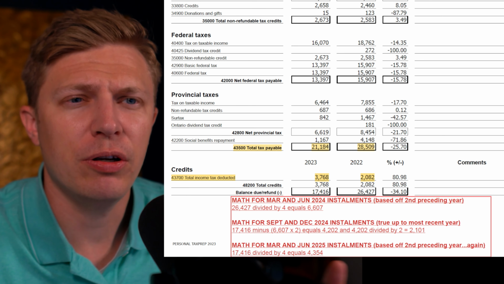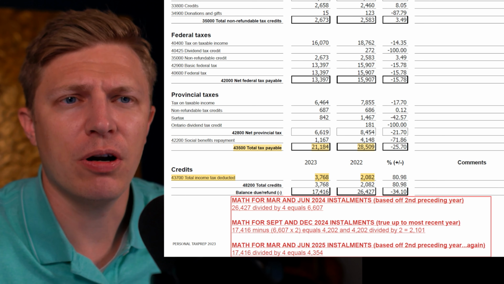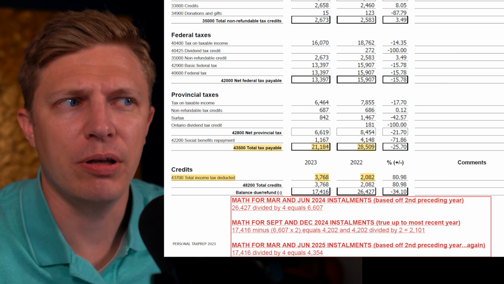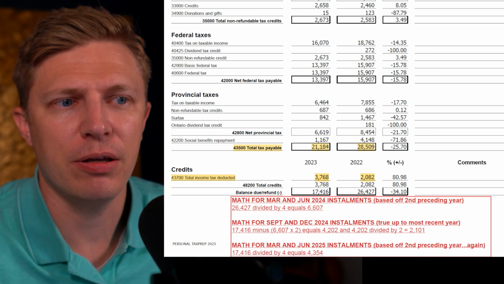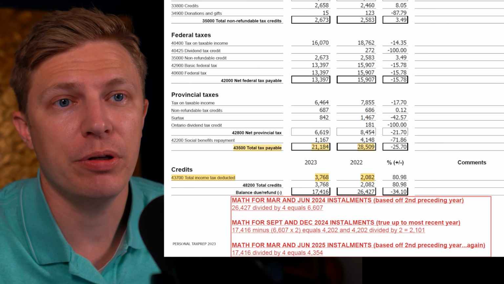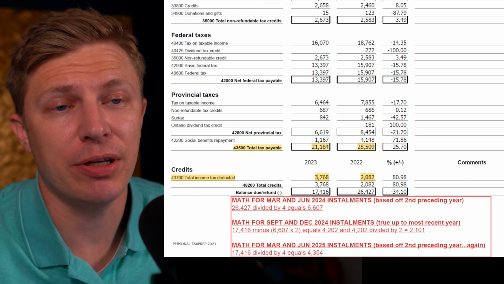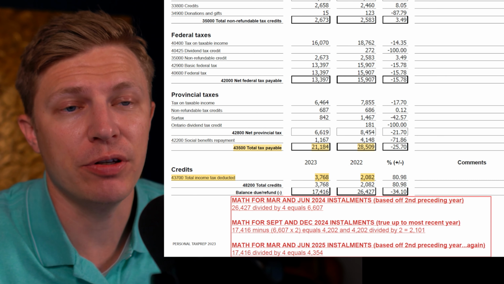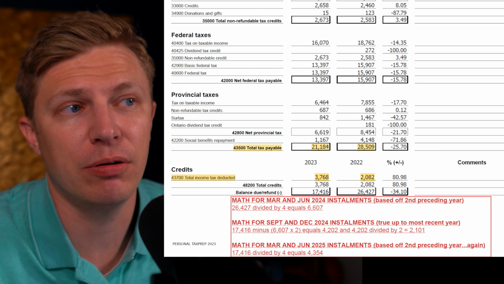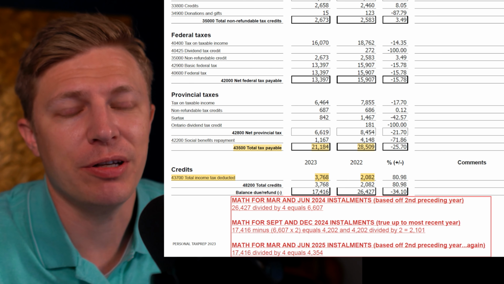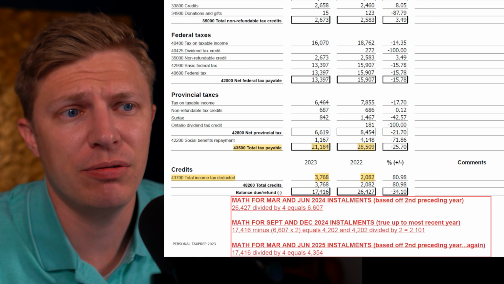So if you really are one of those people that want to look as far ahead and plan your cash flow out as far in advance as you possibly can, you can get ahead of this. You don't have to wait for the letters that'll come in February of 2025 to know what your tax installment requests are going to be, because as soon as you have your 2023 tax return, you can figure it out.